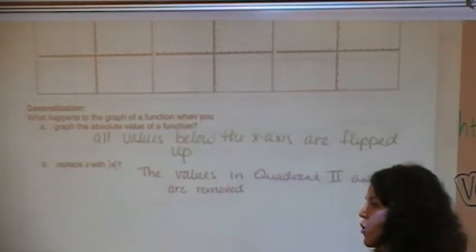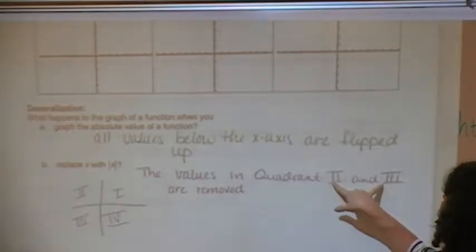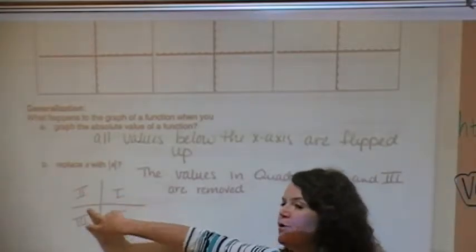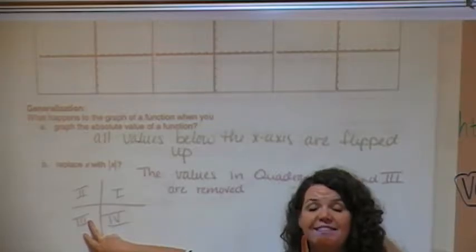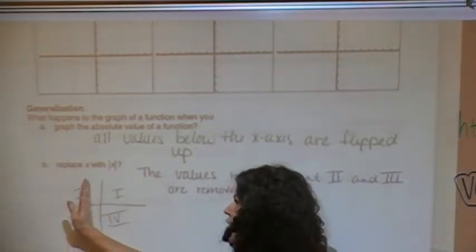So think about your coordinate grid. Quadrant 1, 2, 3, 4. There's my coordinate grid. The first thing that happens is that anything in quadrant 2 and 3 would be removed. That part makes sense because that's where the x values are negative, right? So that makes sense to me that those are gone. It's this second part that's a little bit weird.